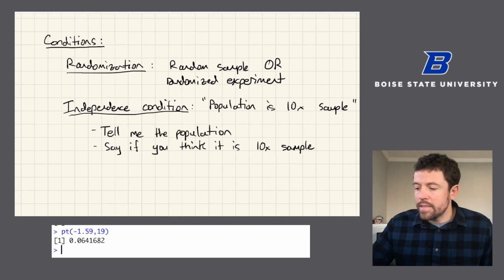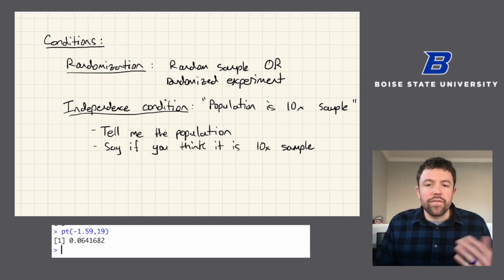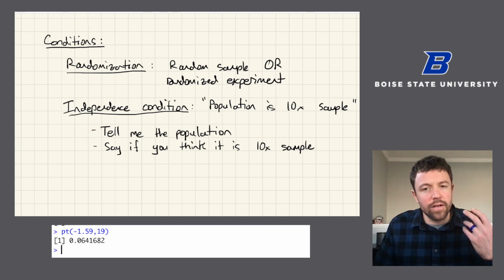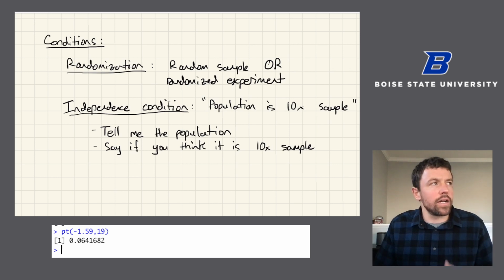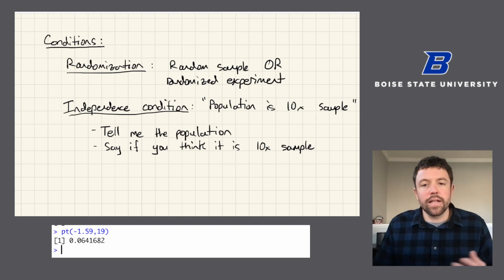But in lots of problems, this is going to be somewhat up to interpretation. That is, if you're only given a few words about a problem, you might not really be told enough to be certain exactly what the population is. You might say, wait, are they talking about adults in the US, or are they talking about all people in the US? Or are they talking about just adult males in the US, or something like that, right?